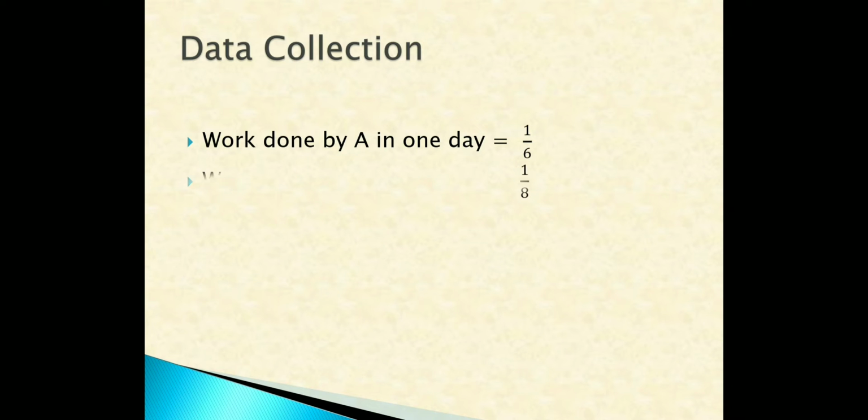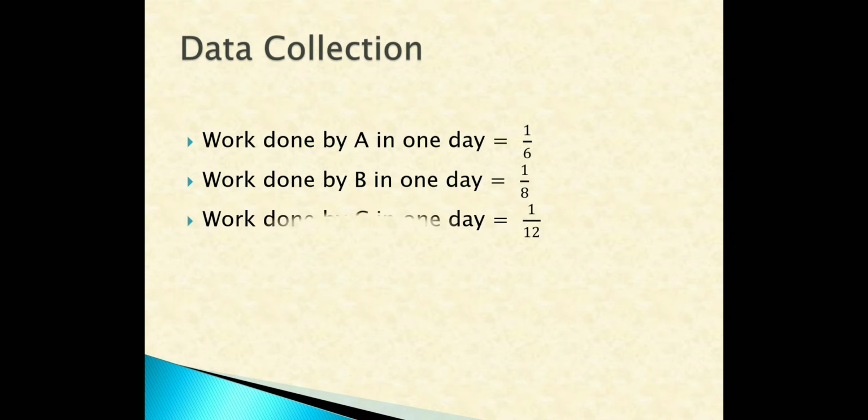On the same lines, B takes 8 days to complete the work, and therefore work done by B in 1 day is 1 by 8. Same for C. Work done by C in 1 day is equal to 1 by 12.